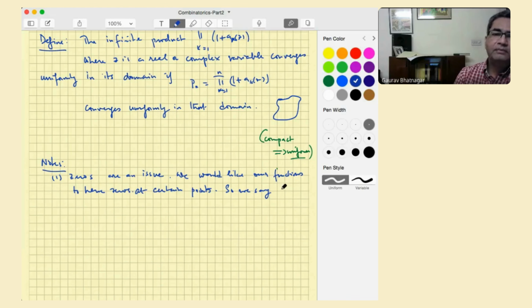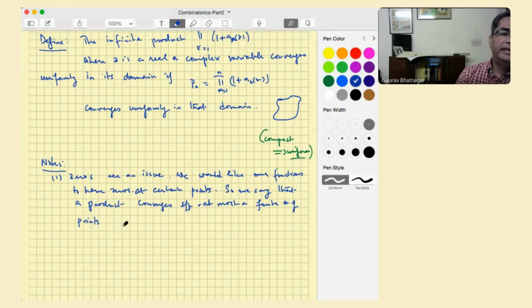So we say that a product converges pointwise if and only if at most a finite number of factors are zero.